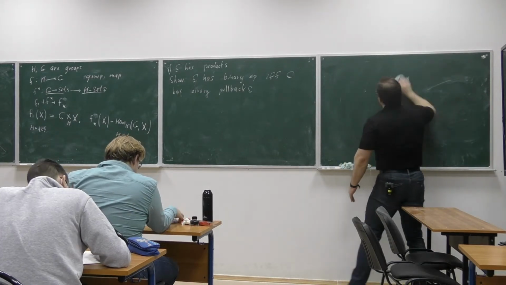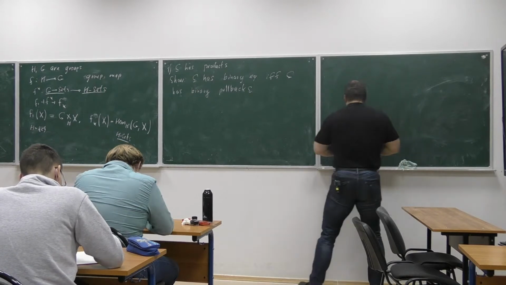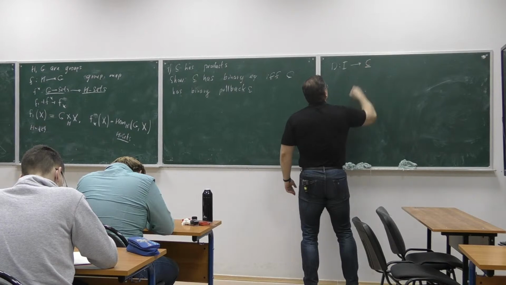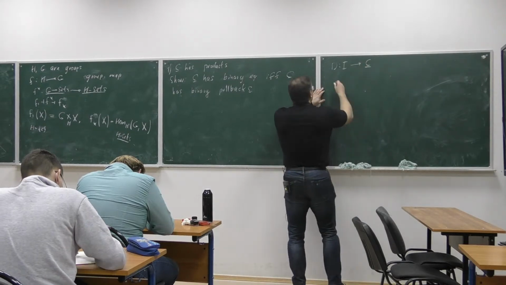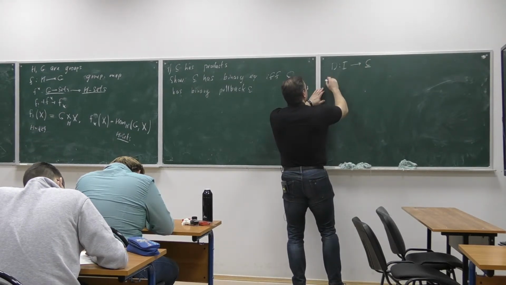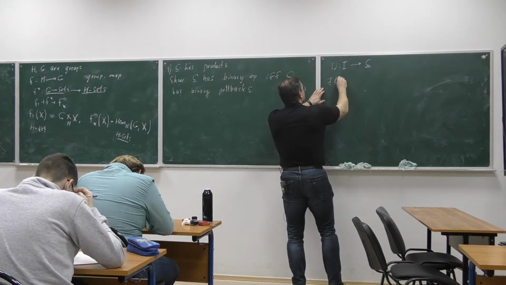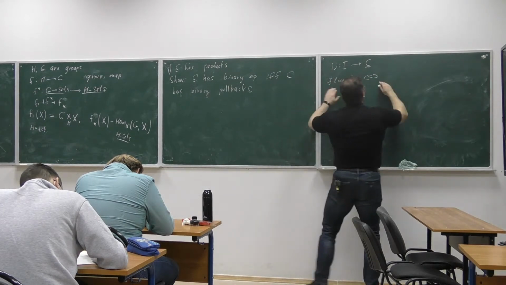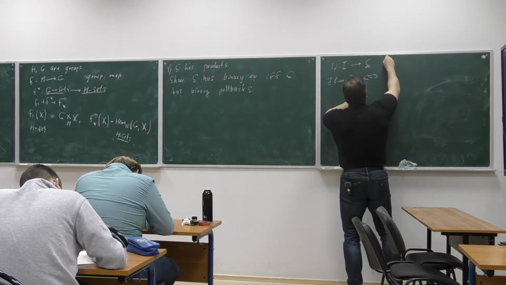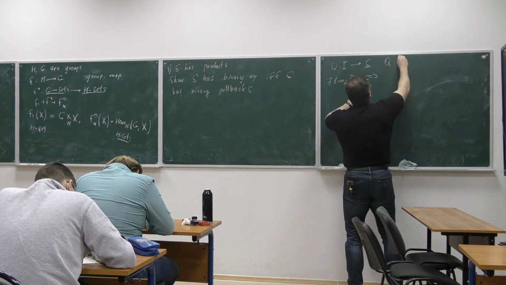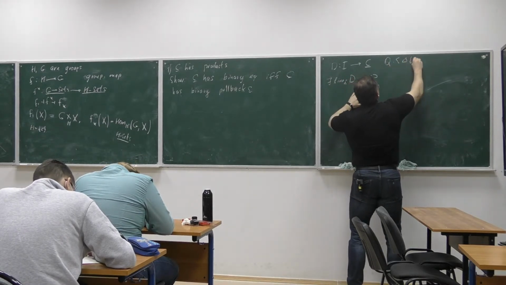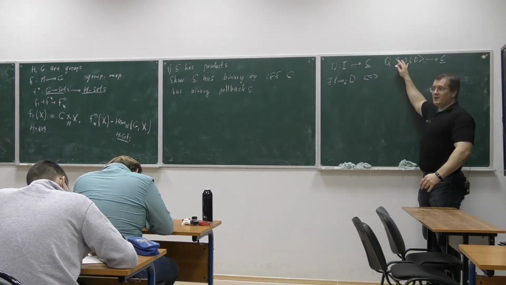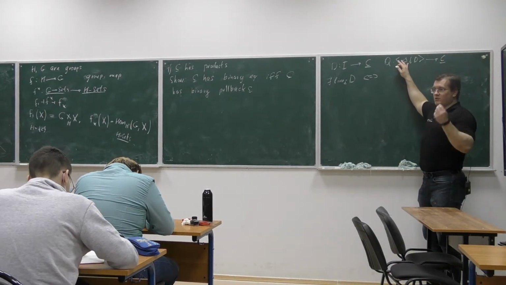So it's quite a general situation as we have from the lectures. You have a functor from some category I to the category C, and then show that there is a limit for this functor if and only if, well, let's introduce another functor, Q. This will be from the category of cones, just the projection to the C. So you take a cone here and send this cone to the vertex.